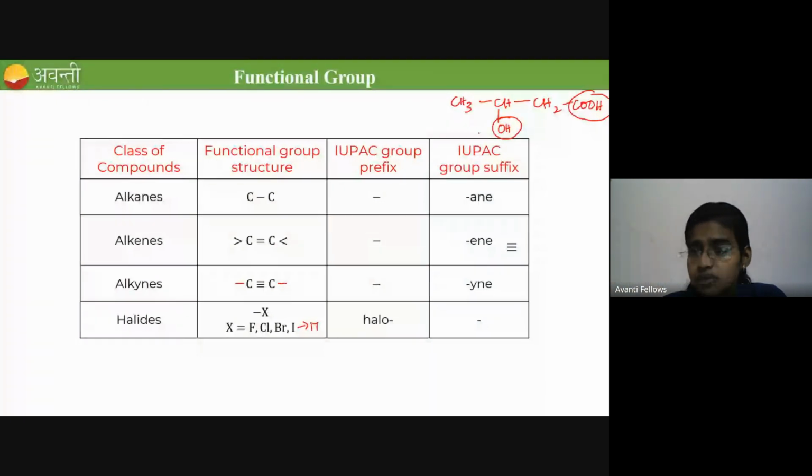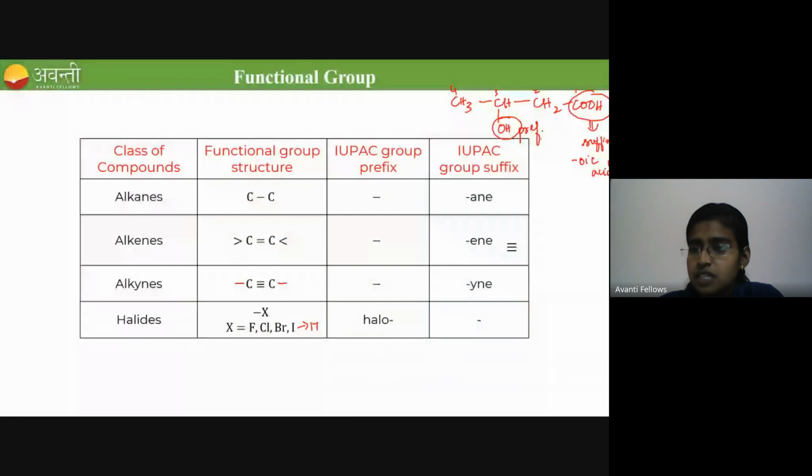So what I have to do, I'll number the chain like 1, 2, 3, 4. For the group which has the first priority, I have to use the suffix. What is the suffix for carboxylic acid? It is oic acid, right? So this I have to use. Since we have 4 carbon, it is butanoic acid. And for the one which is in the second priority, we have to use the prefix.